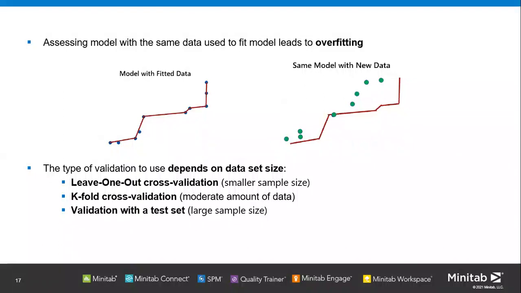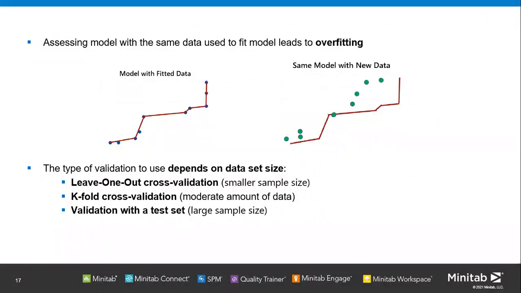So we recommend, if you have a smaller data set, that you go for leave-one-out cross validation. With this, if you have 100 data points, you use 99 for training and one for testing. With K-fold cross validation, you have 100 data points and divide them into 10 folds, 10 groups, and then 9 groups are for training and 1 group is for testing.